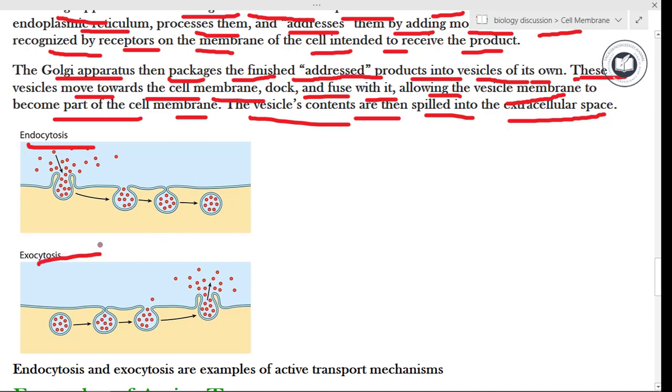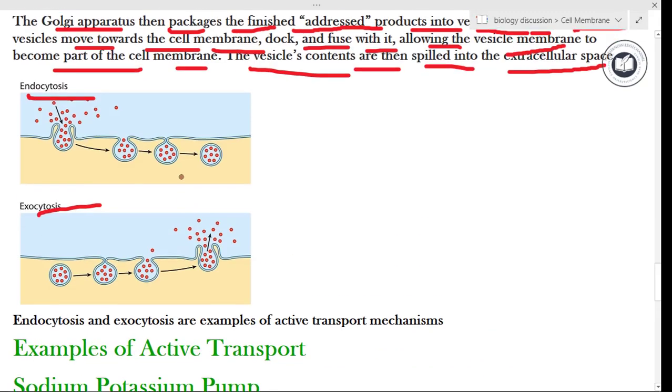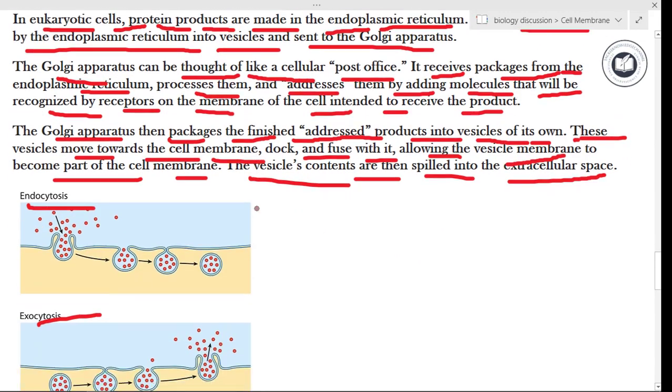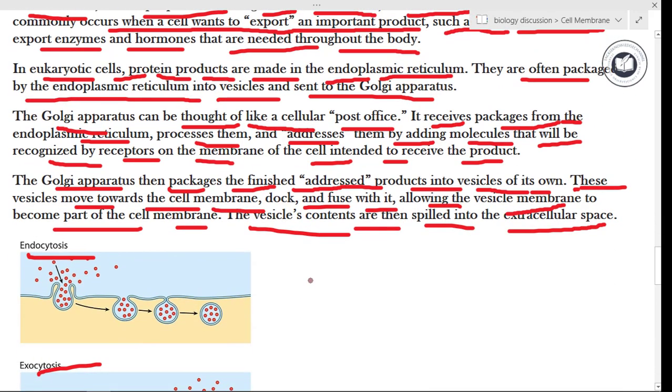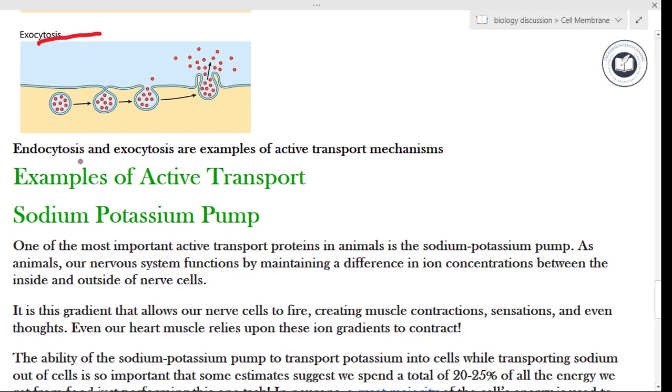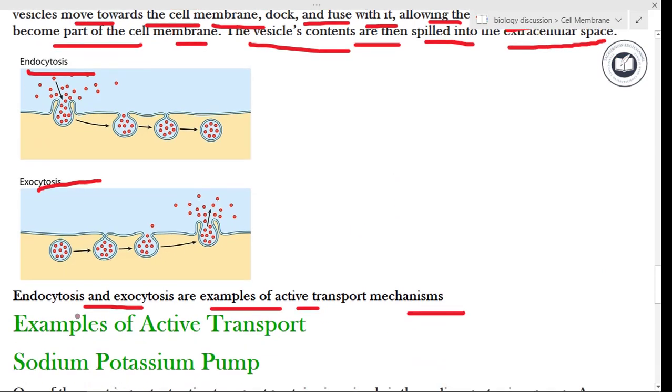Exocytosis is the same process in reverse: the vesicle fuses with the membrane, and through the membrane the substance passes to the outside. Endocytosis and exocytosis are examples of active transport mechanisms. In the next class we will see examples of active transport.